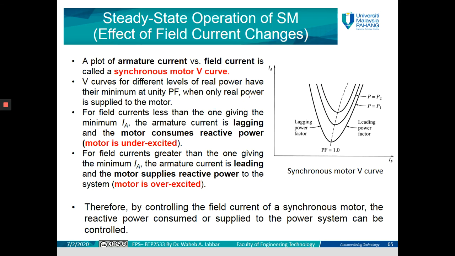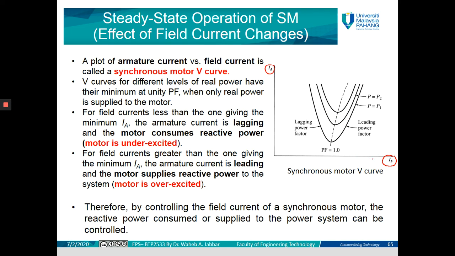Here is the relation between IF and IA for the synchronous motor. Actually we talked about this characteristic when we talked about the synchronous generator, but the relation there is a little bit different. Here, when we talk about the field current for the synchronous motor, we investigate the impact of changing the power factor on the relation between the armature current and the field current.